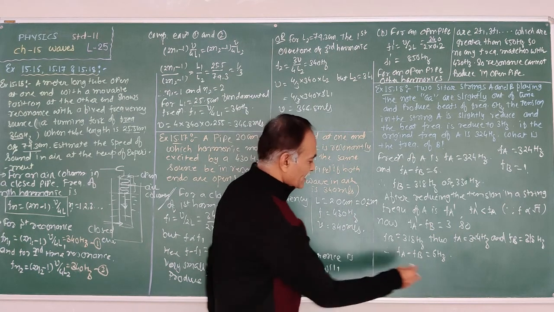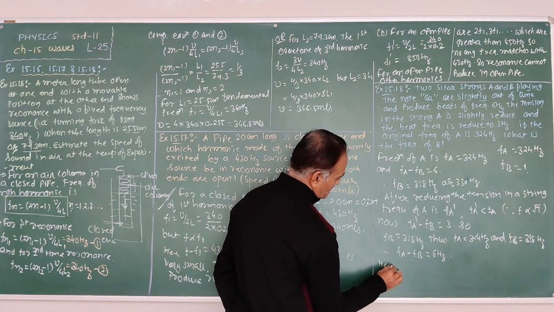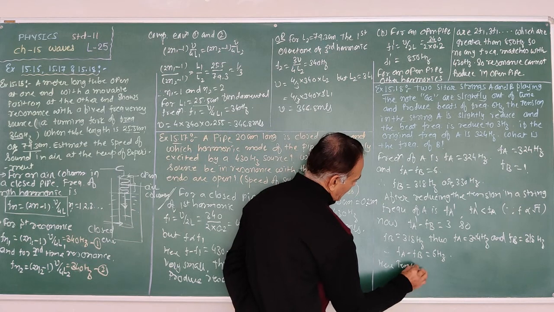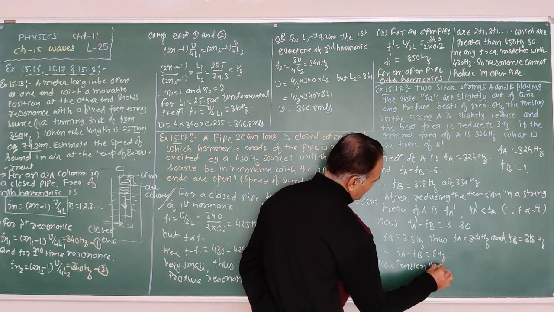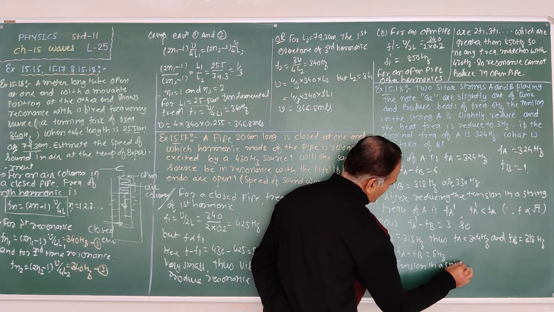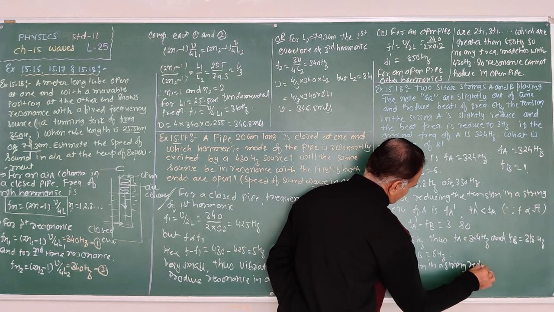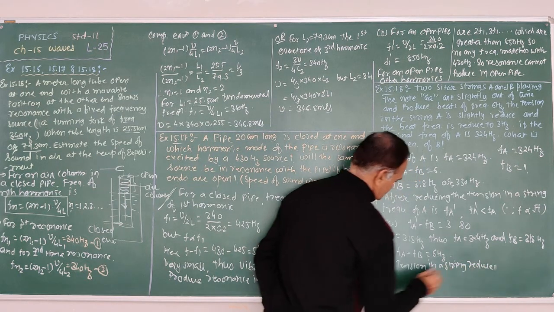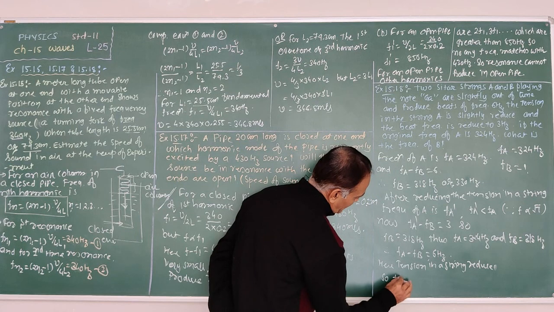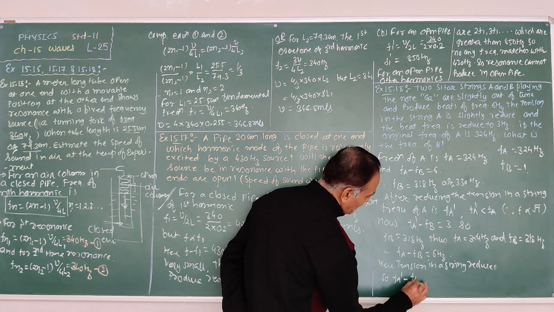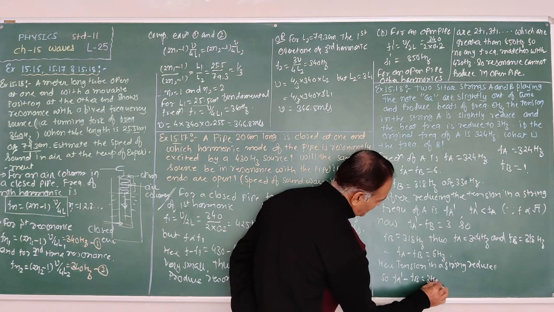Here the tension in the string is reduced, so FA dash minus FB is equal to 3 Hz.